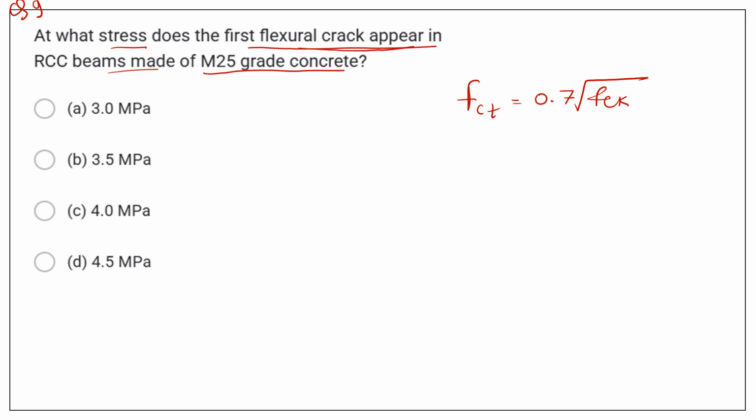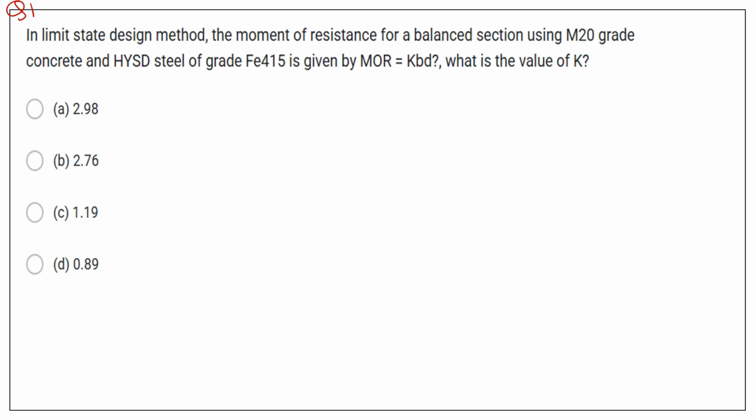Here FCK is equal to 25. So put the 25 into the formula. We get 3.5 MPa as the stress at which the first flexure crack appears in the RCC beam. So here option B is correct. The next question. Question number 10.